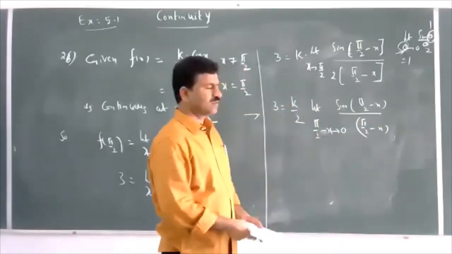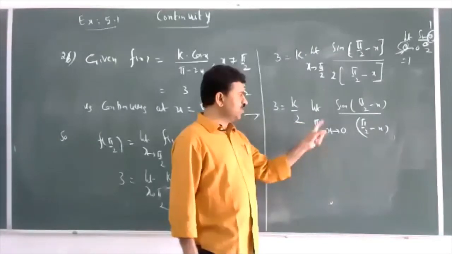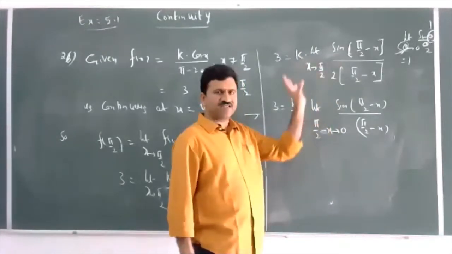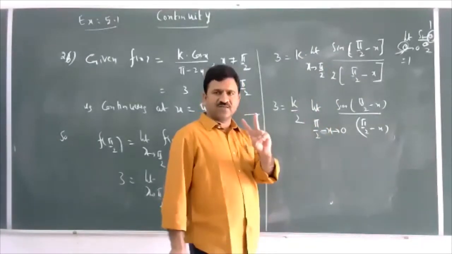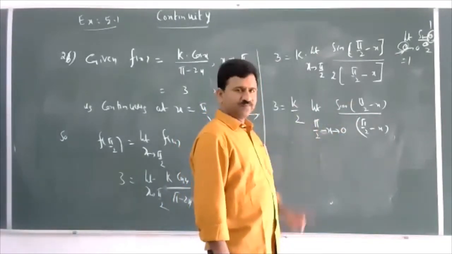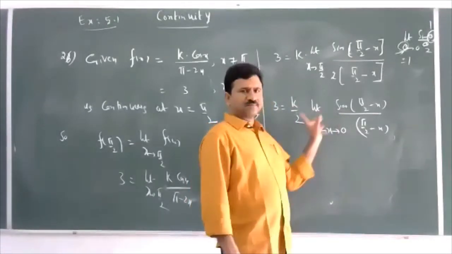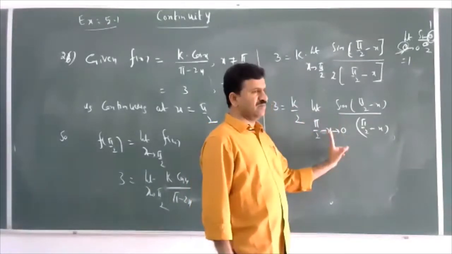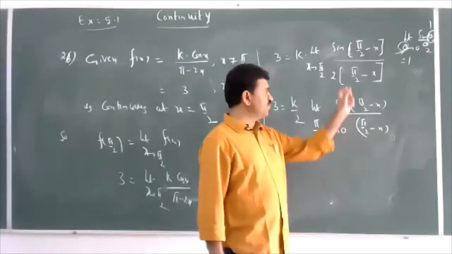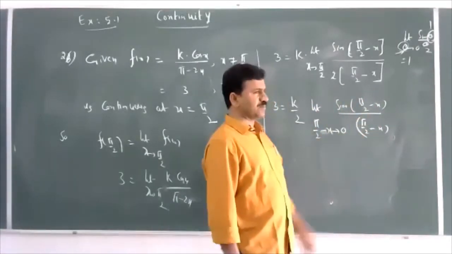Many students will not write the limit value, or sometimes will not change the limit. You will write the answer directly, using the function only without writing the limit. That is the major mistake. You must change the limit. Without changing the limit, if you write the answer 1, it is wrong. So do this step carefully.